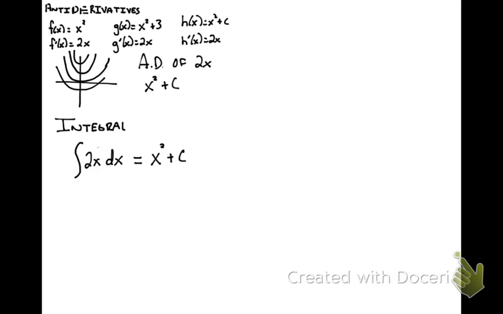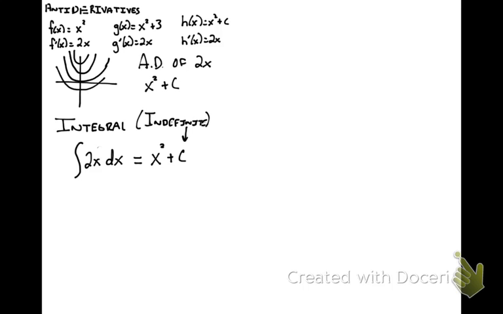Right, and this is called an indefinite integral. One reason it's indefinite is because we're not sure which one we have. X squared plus what? And there are some other characteristics of this. This isn't all of it, but we're just starting out.